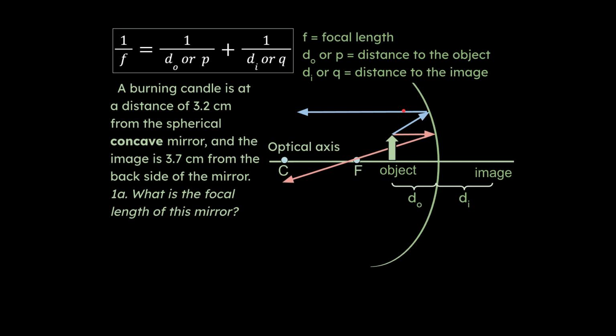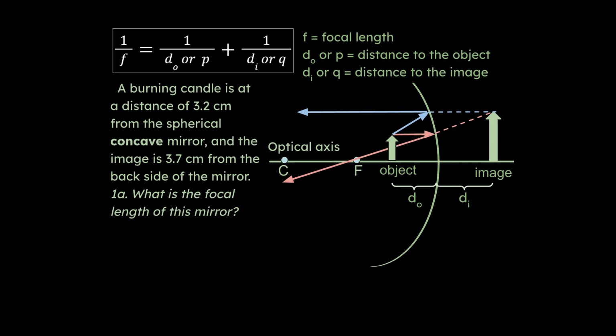You could label these as 1, 2, 3, and 4 right here, and they will trace back the wrong rays sometimes. So you want to trace back the rays that have already interacted with the mirror or the lens. In this case, that would be this ray right here and this ray down below here. So you're going to trace those back, and where they intersect is where the top of the image appears to be. And so that's a quick rundown of how to draw the ray diagram here.